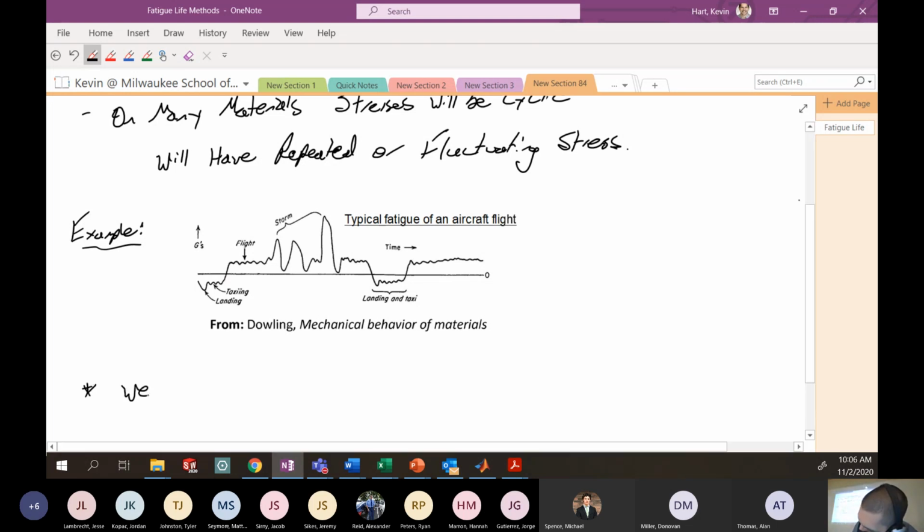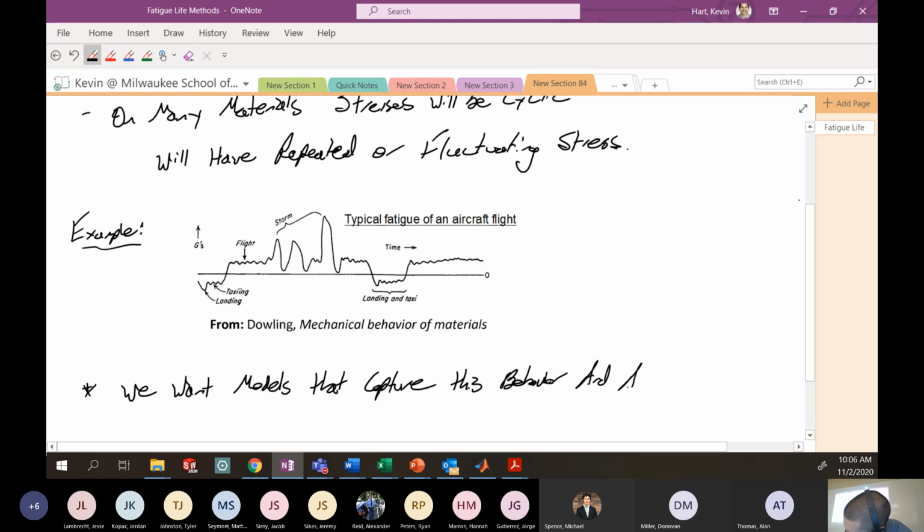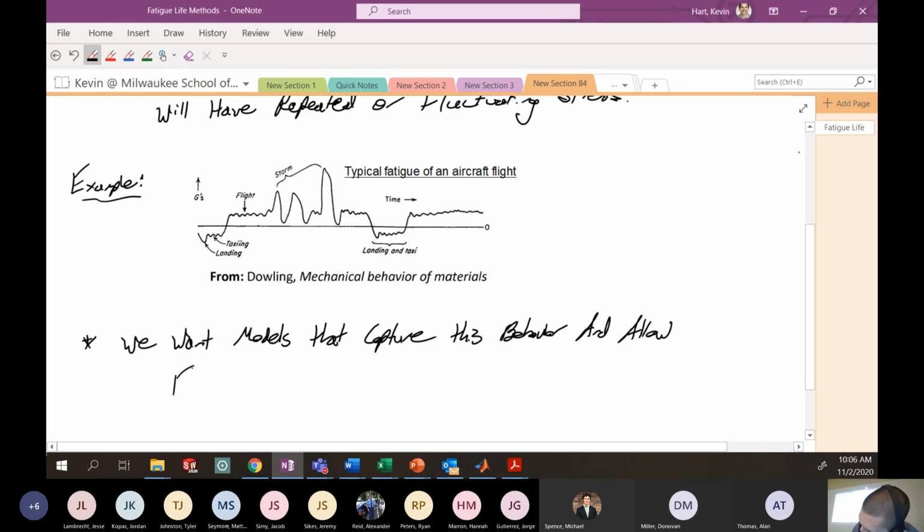So we want models that capture this behavior and allow failure prediction given these conditions.